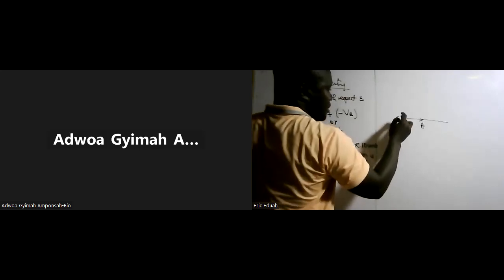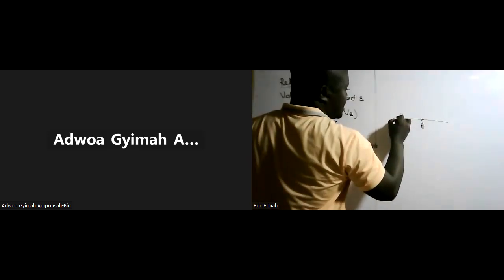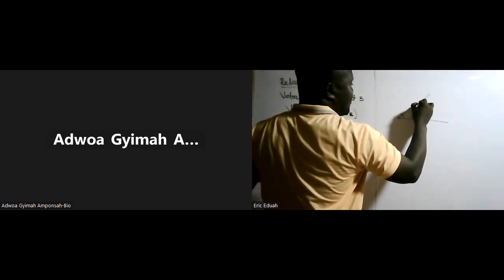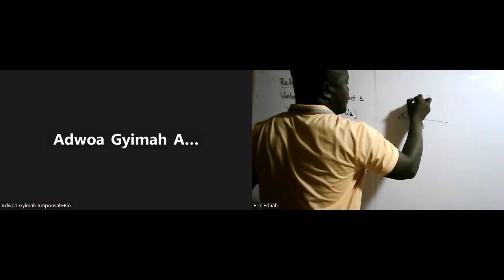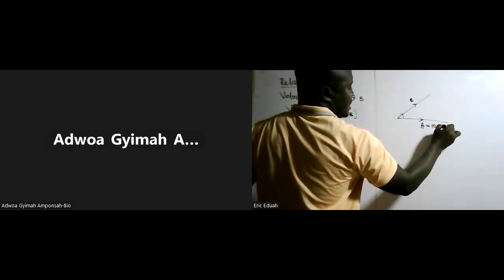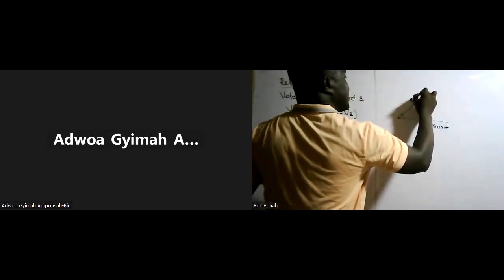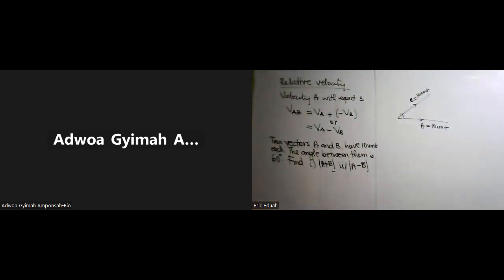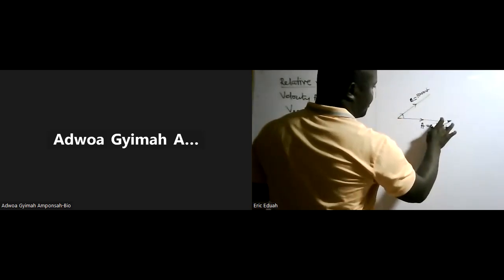So assuming this is 60 degrees, then I locate the vector B, 10 units, 10 units. I'm asked to find the magnitude of A plus B, so I resolve this into a parallelogram.